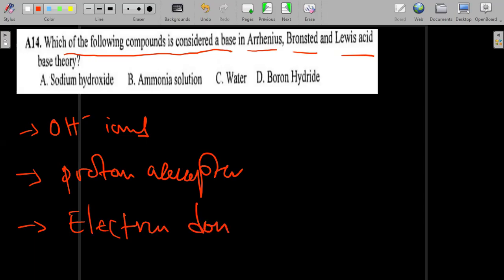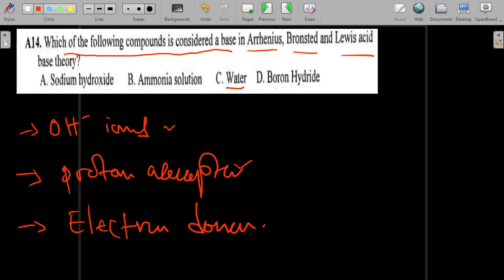So we just have to look for a substance among the four options given that can do all this. We start with water. Water can donate these ions, and it can also accept a proton, but it cannot be an electron donor.